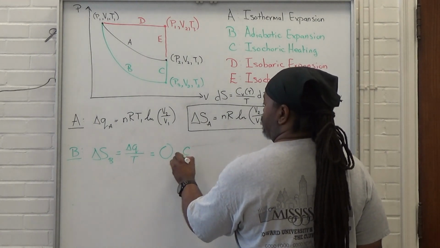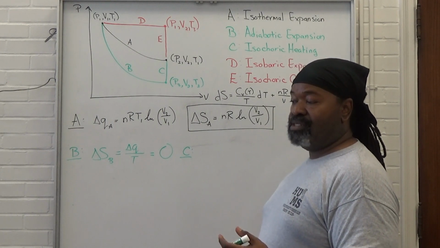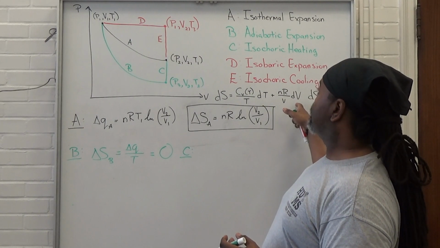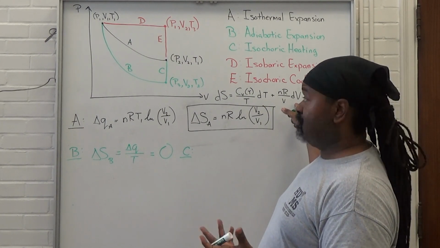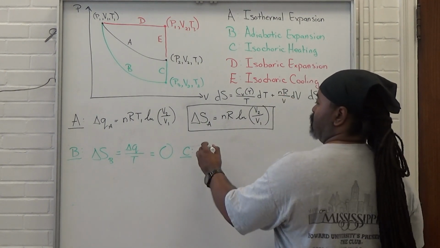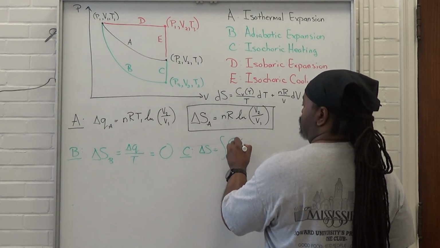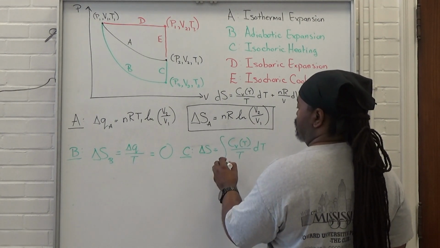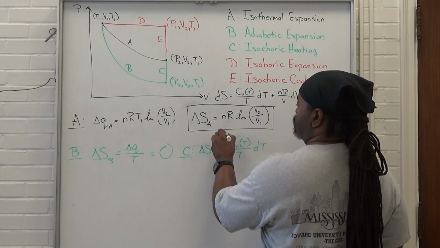Now for part C of the green path, we can write out our delta S this way, but since it is isochoric, delta V is 0, so integrating from V2 to V2 just gives us 0. The only thing we need to worry about for our delta S is this integral of CV over T dT, going from T2 to T1.